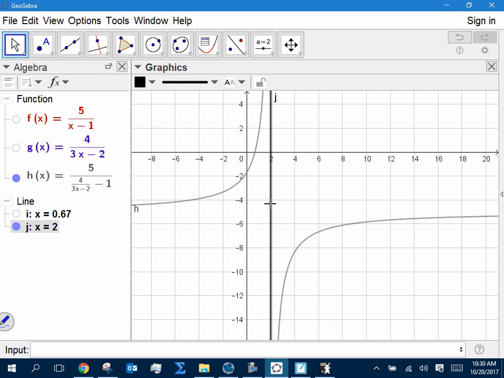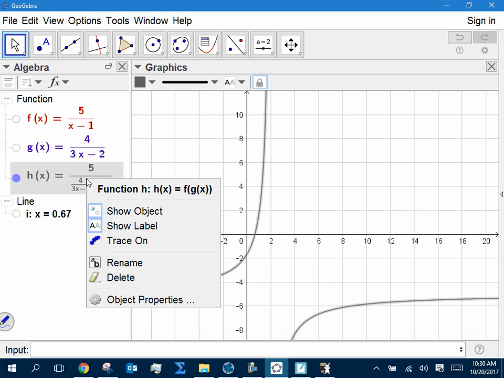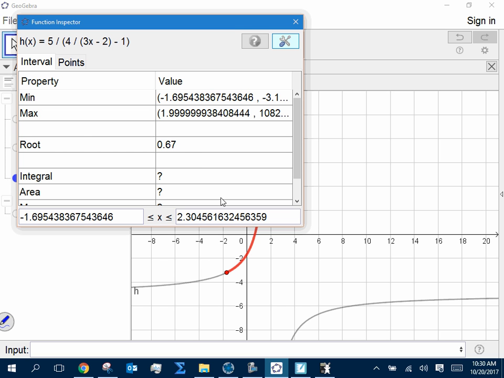All right, now I don't know why GeoGebra does this. I don't know if they're showing this here, but maybe doing some simplification in the background. But if I inspect this function, they're actually saying that the zero at 2/3 exists, or x equals 2/3 is an okay thing.